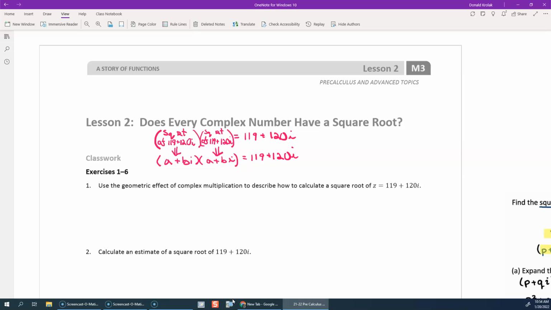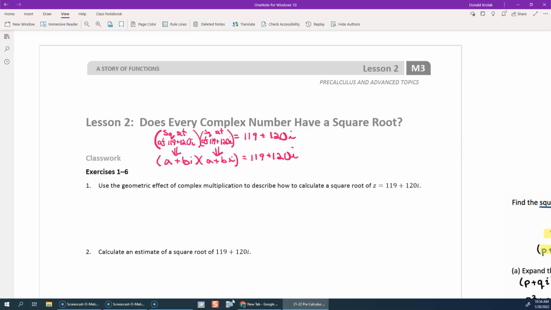What I've written up there, that's where it came from. Now here's what you got to remember from when we learned about multiplying two complex numbers. When I multiply these two complex numbers, the modulus of the new number is equal to the product of the modulus of each one of these.